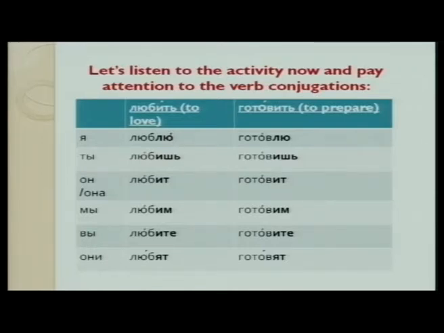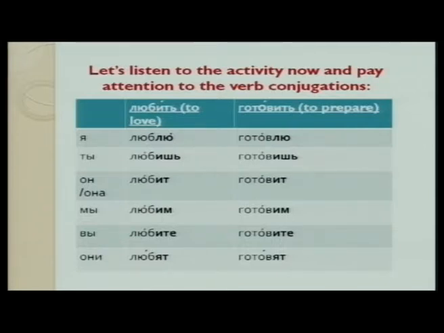Dear learners, since we have been talking about the conjugation of verbs, we will be discussing in detail how these verbs are conjugated in Russian. Please pay attention to the conjugations and pronunciation while I conjugate these verbs for you. The first verb is любить.